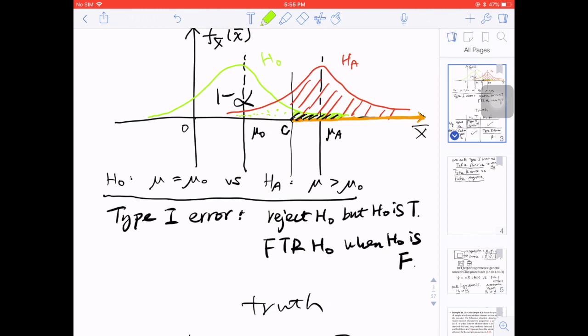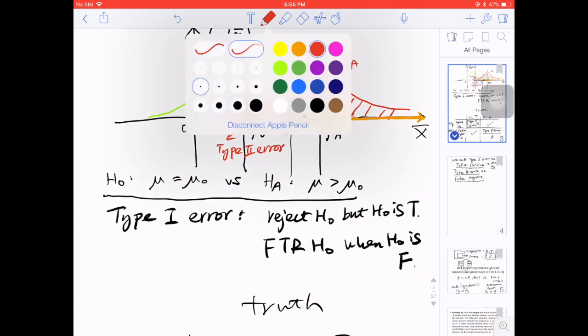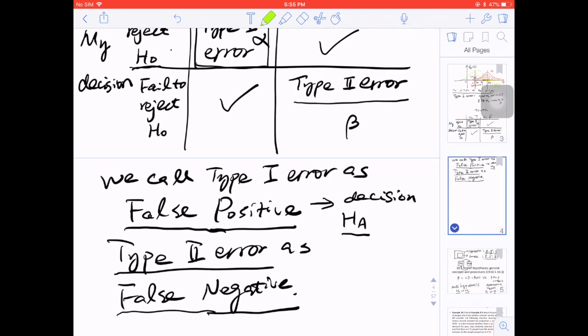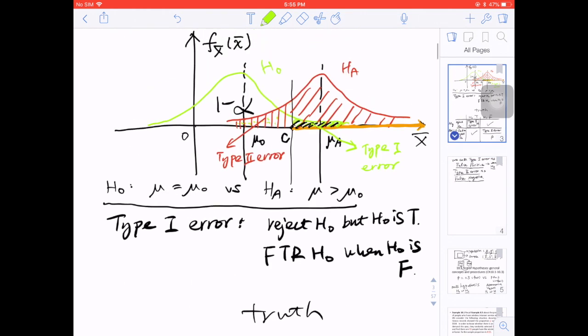So I'm going to use the red color to represent the type 2 error, and this green area is the probability of making type 1 error. So that's the type 1 error and the type 2 error in this graph.